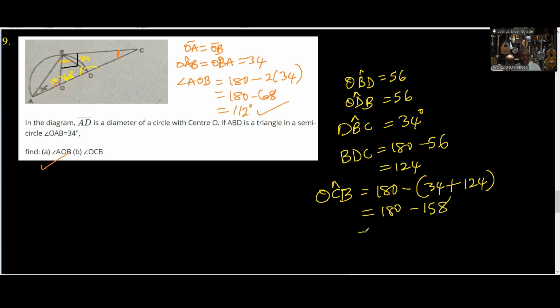So what is 180 minus 158? 22 degrees. That's our answer. Is that clear?